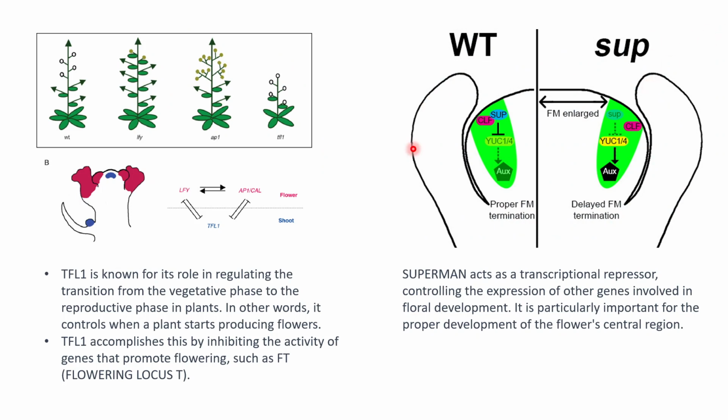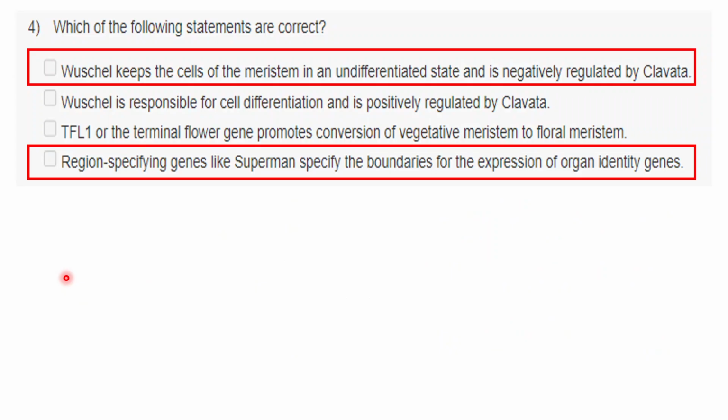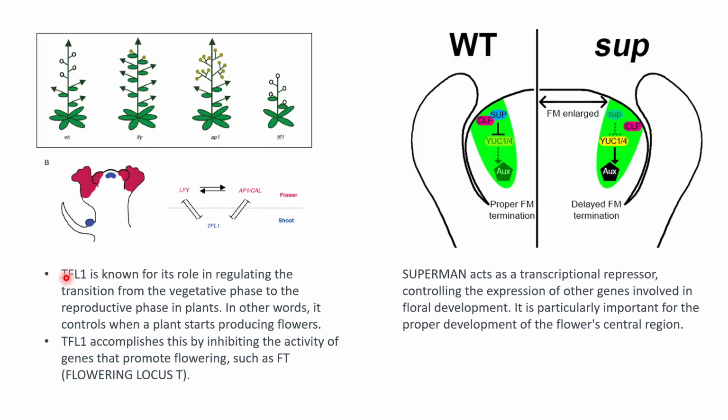And about the other two statements, we encountered TFL1, or the terminal flower gene 1. TFL1 is known for its role in regulating the transition from vegetative phase to reproductive phase in plants, with production of the flowers, the androecium and the gynoecium.